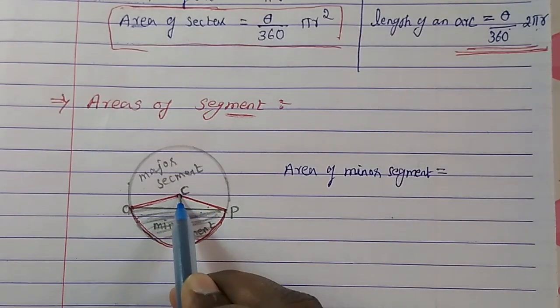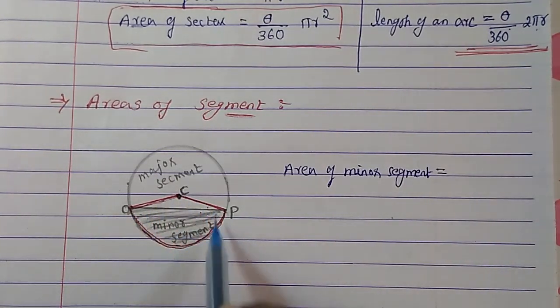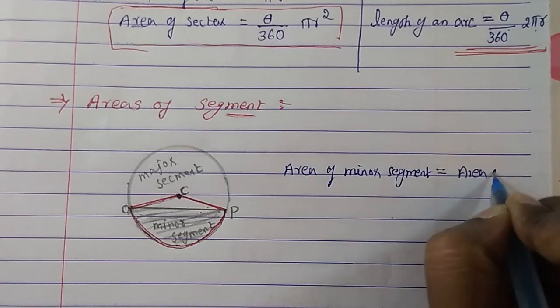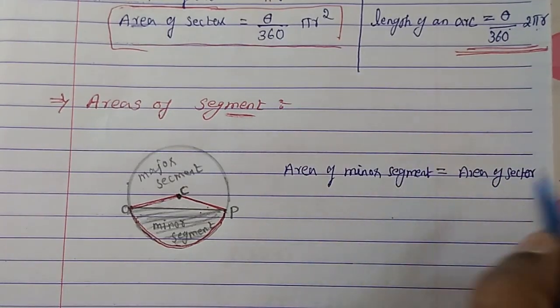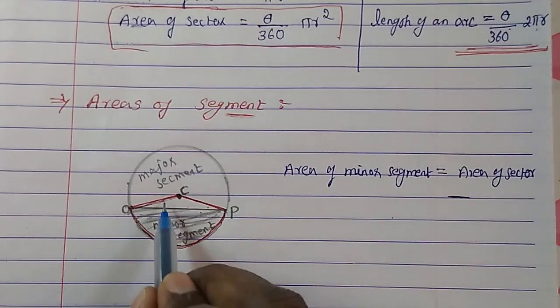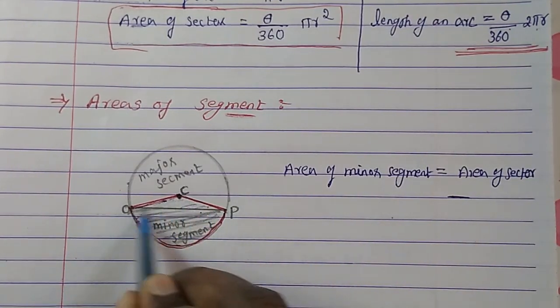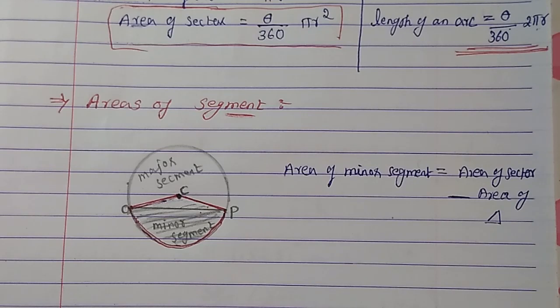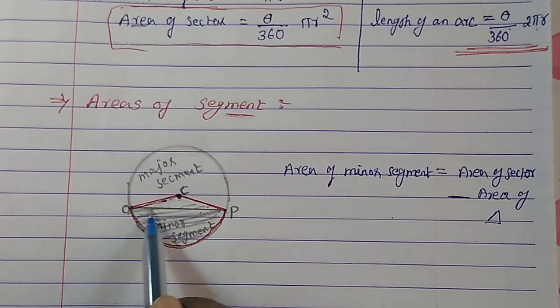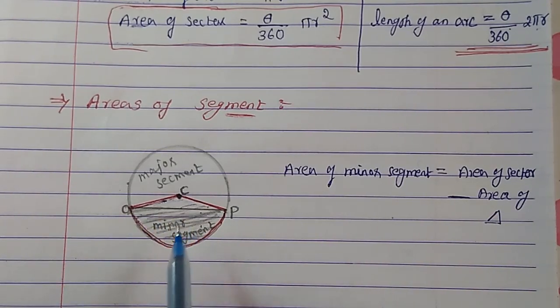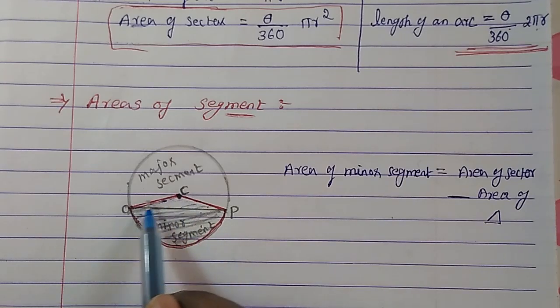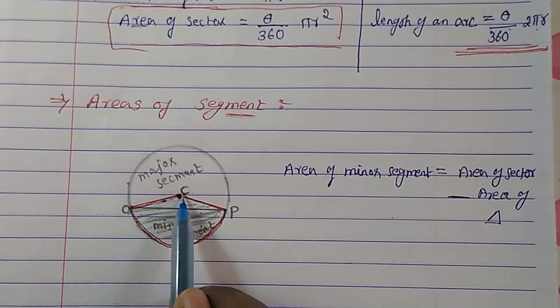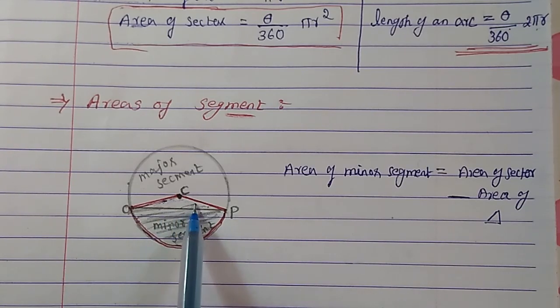This whole thing, from here to here to here, is the sector. From that we subtract this part, which is a triangle, so the area of the triangle. To get the area of only this minor segment, we first find the area of the sector, and from it we subtract the area of the triangle. Then we get the area of the minor segment.